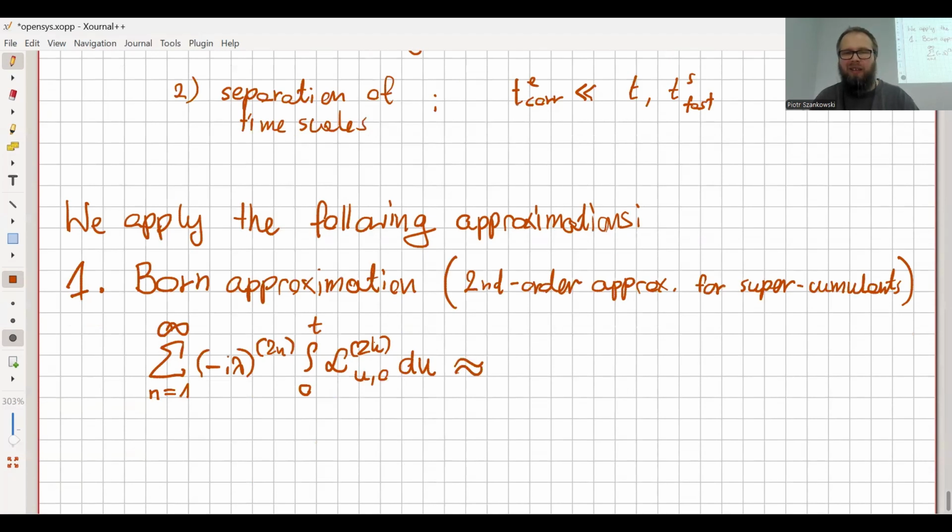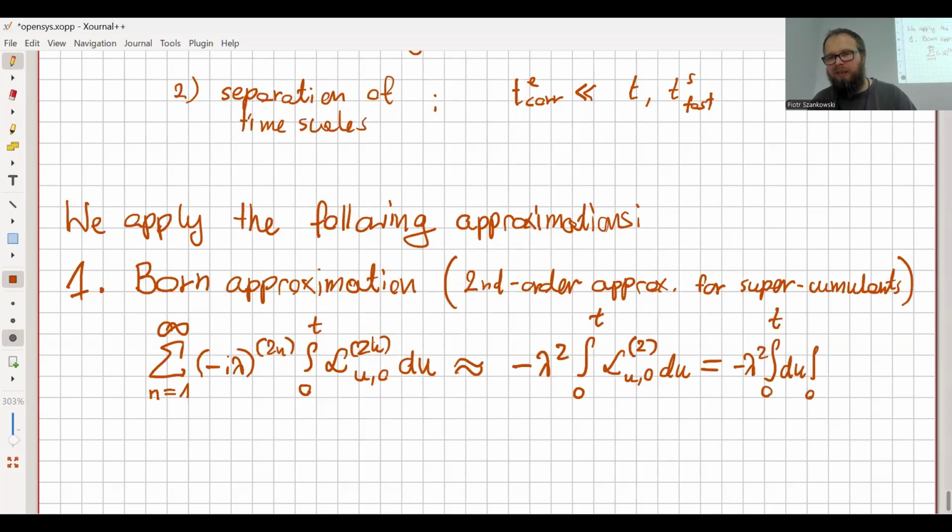We cut it at the lowest, second order, which means it's minus lambda squared times the second supercumulant L2, integral du from 0 to u dv. And let me pull out our contraction notation here, the second cumulant of dynamical variable z.